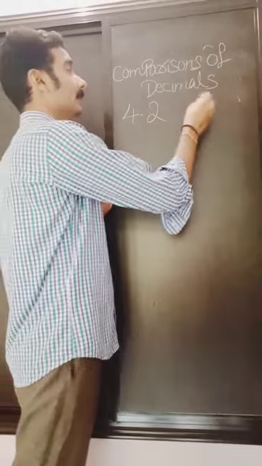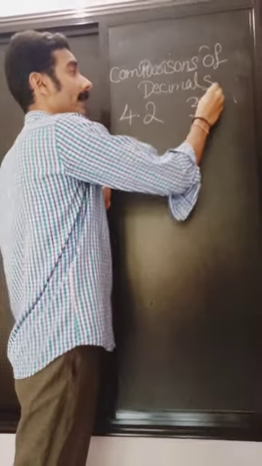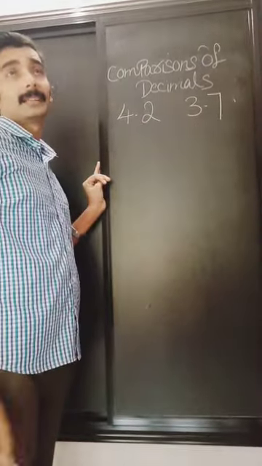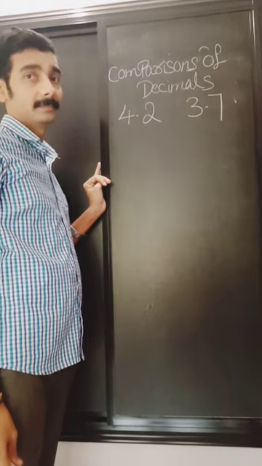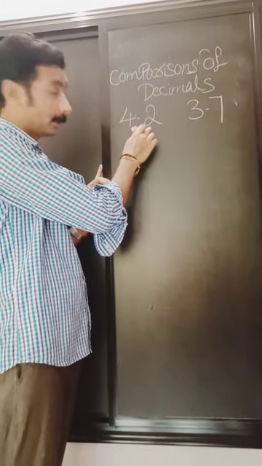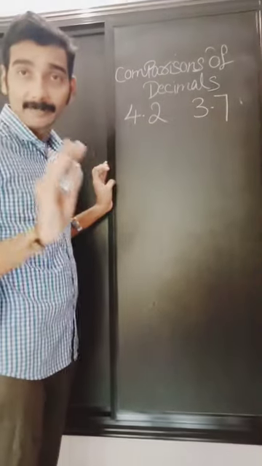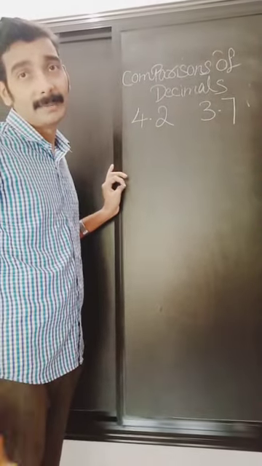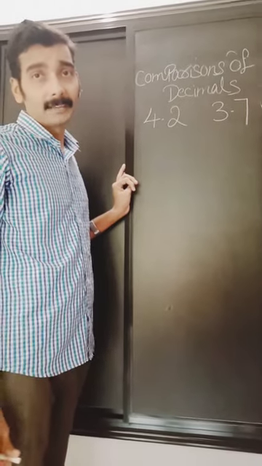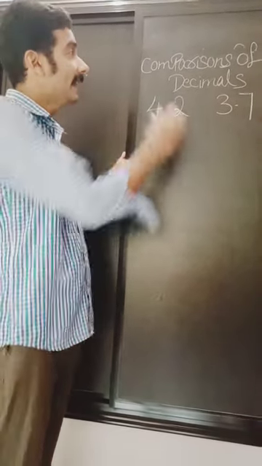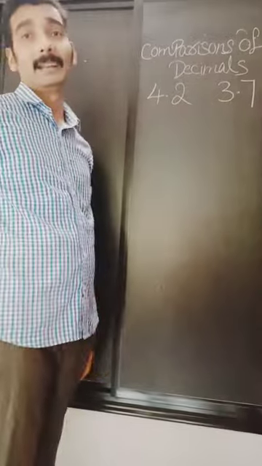Another decimal is 3.7. 4.2 is a decimal. 3.7 is another decimal. Clear? Okay. Then we compare the decimal.